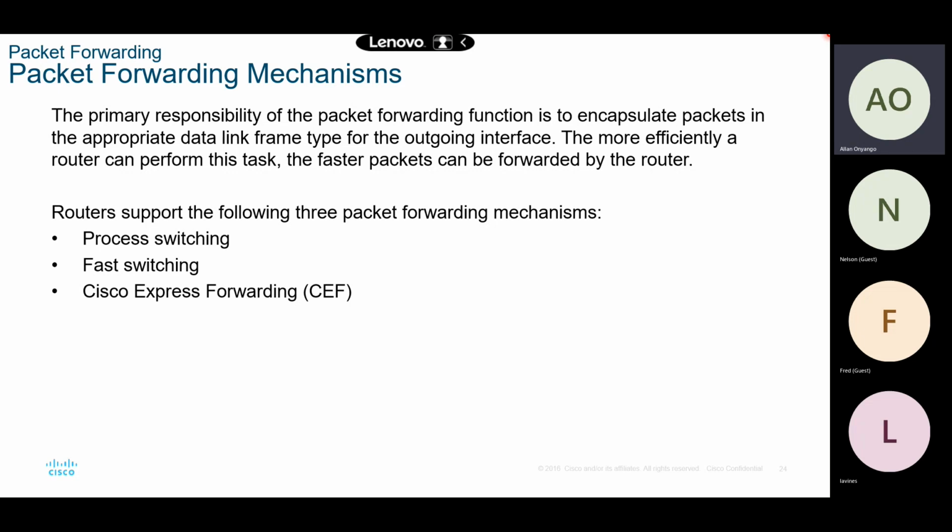Then the last method is Cisco Express Forwarding. For this one, before the teacher even comes to class, you had already calculated the answers to that question and you already know them.